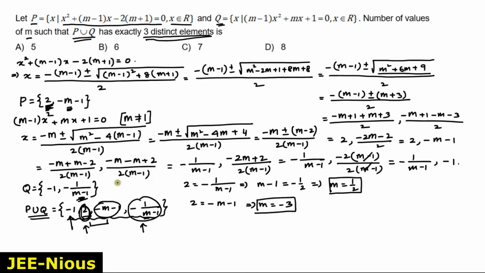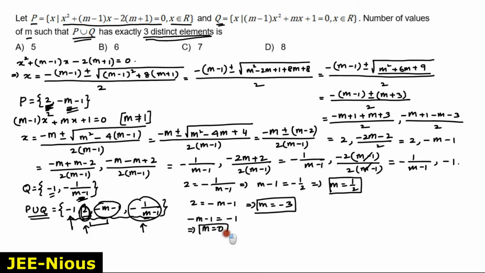Okay. Now let us consider that minus m minus 1 is equal to minus 1. That is, this element and this element are identical. So in that case, we are having m as 0.